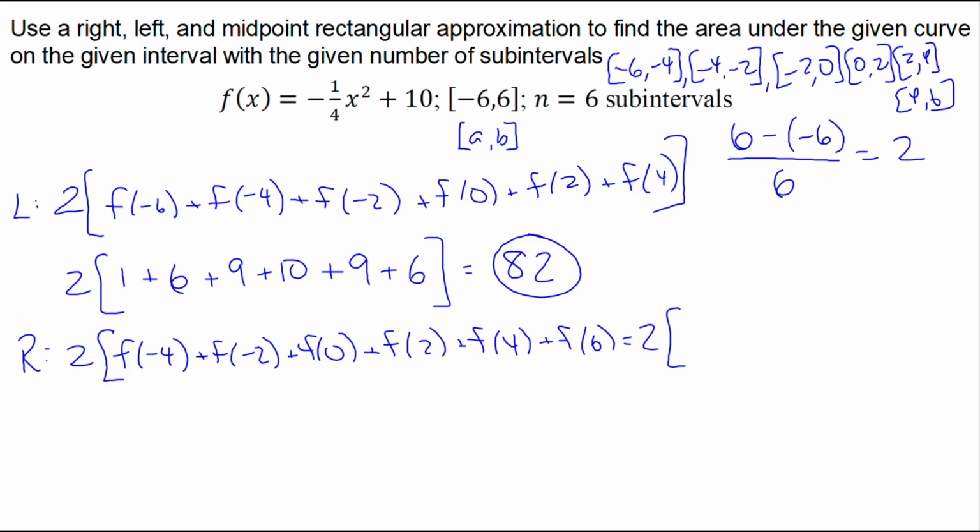Those were just 6, 9, 10, 9, and 6. And then we would need to figure out what f of 6 was. Well, f of 6 ends up being the same thing as f of -6. Right? 6 squared is 36 times -1/4 is -9 plus 10 is just 1. And it looks like we end up actually getting the exact same thing again here.